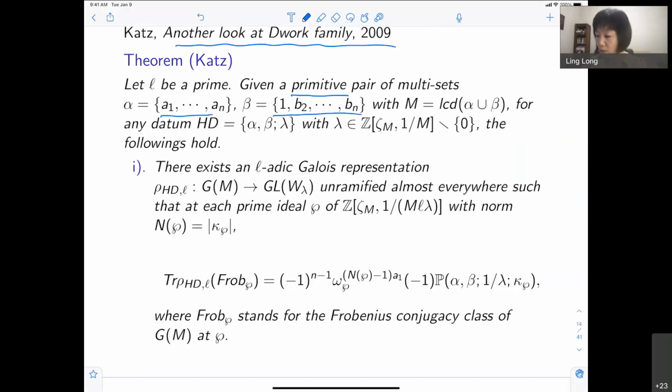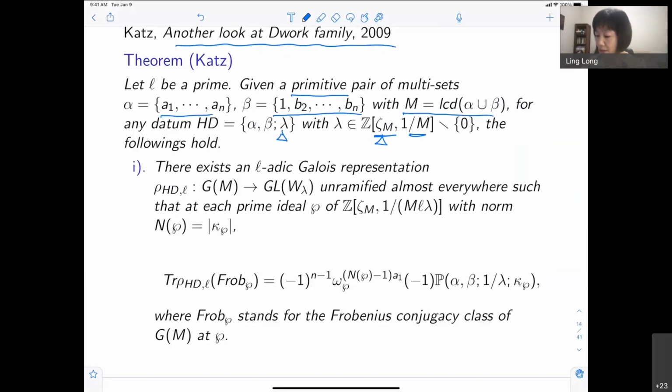And we have the same notion of the least common denominator. Then for any hypergeometric datum, here lambda is chosen to be inside the cyclotomic field of the integers. And I will also require lambda not dividing the LCD over here.